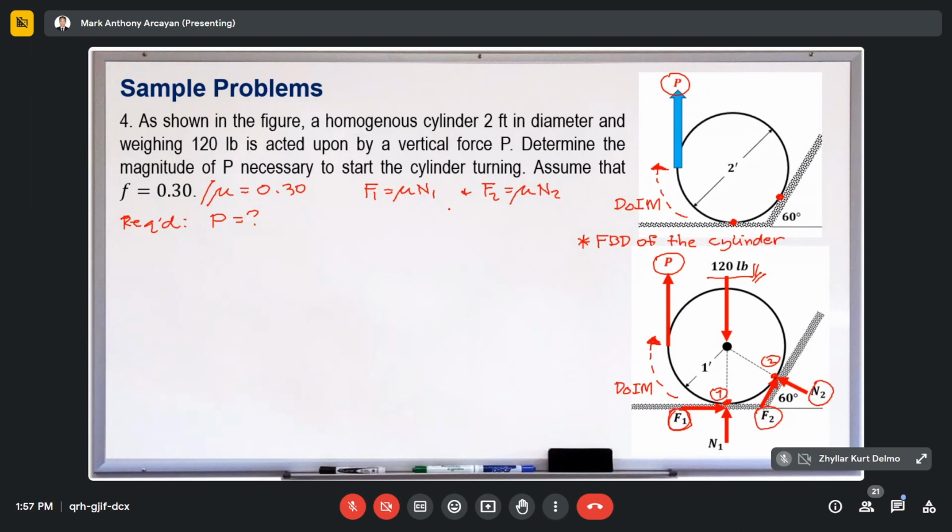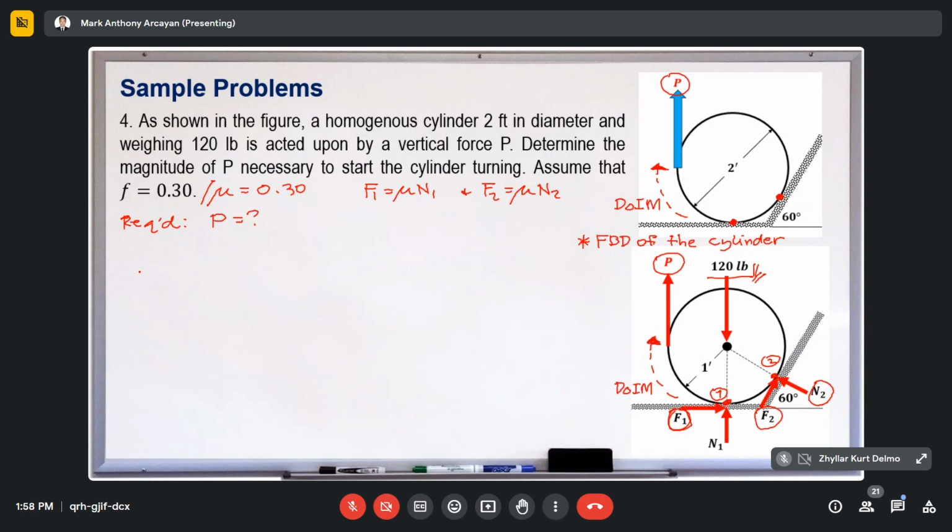So we can combine the two unknowns, F1, N1, and F2, N2. So it becomes only three unknowns. So with 3 unknowns, we can solve using the 3 available equilibrium equations.